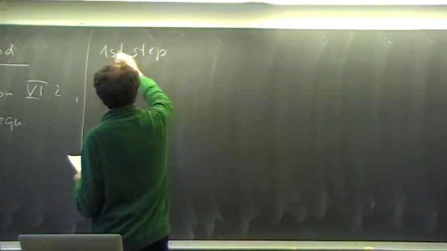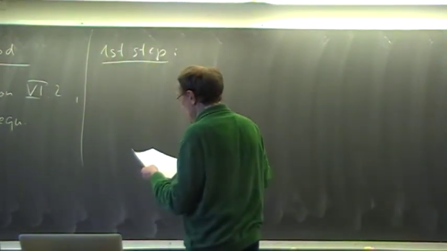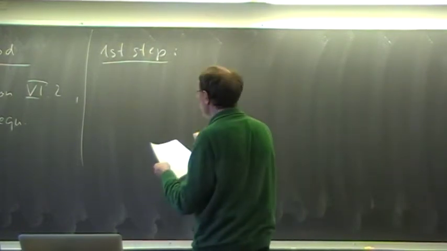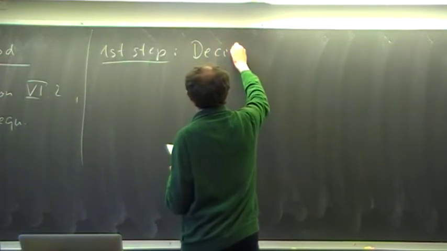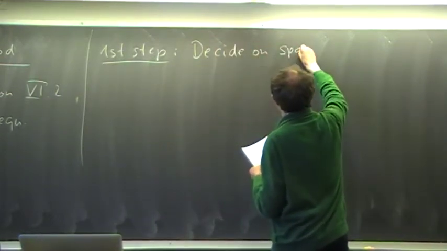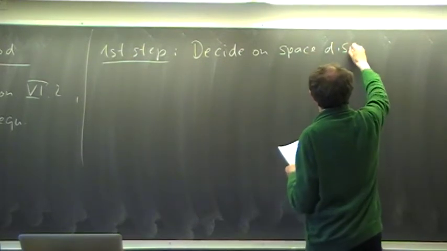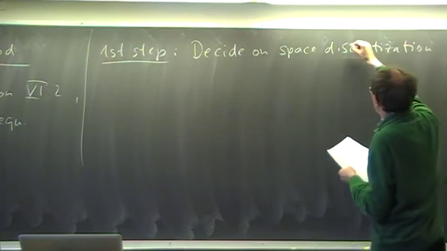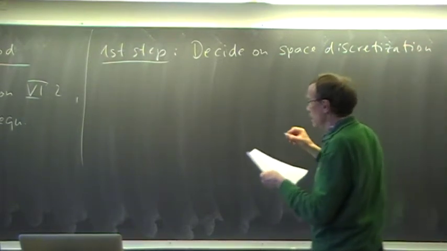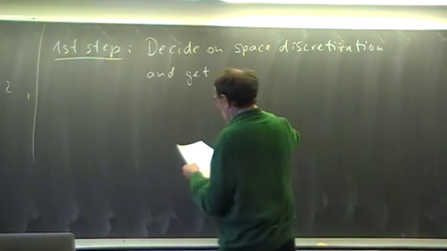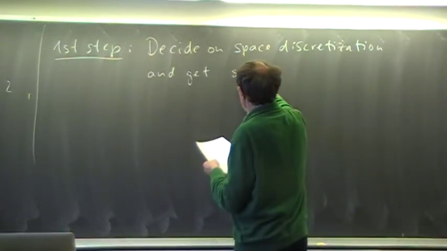The first step is that we decide on a space discretization, that we choose one. And we get what we call the semi-discrete equation.